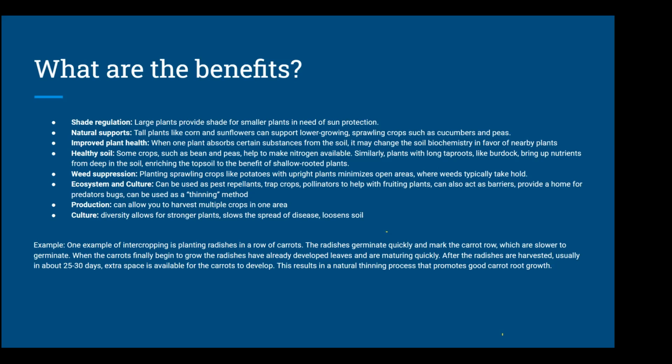Some crops such as beans and peas are nitrogen fixers, so they can bring nitrogen to plants that are nitrogen feeders, that need a lot more nitrogen to grow well. It also helps with weed suppression. For ecosystem and culture, it can be used as pest repellents, and pollinators to help with fruiting plants. It can also act as barriers or provide a home for predators and bugs, and can be used as a thinning method.